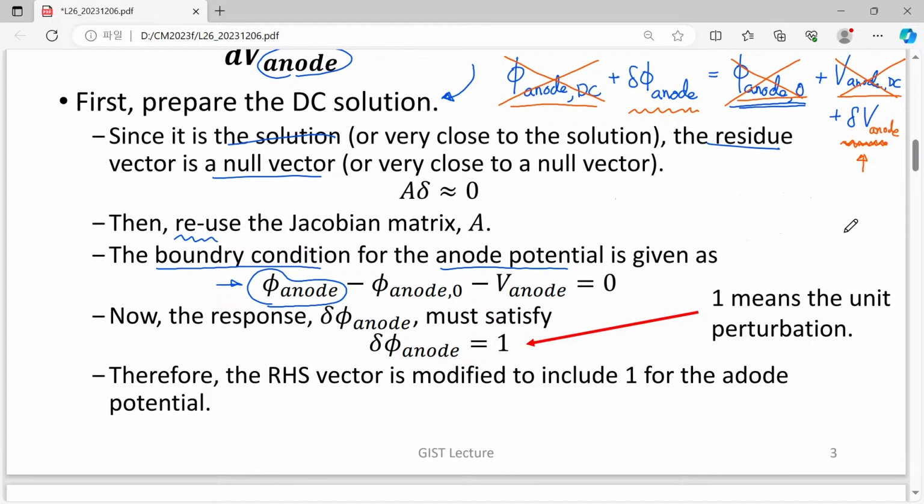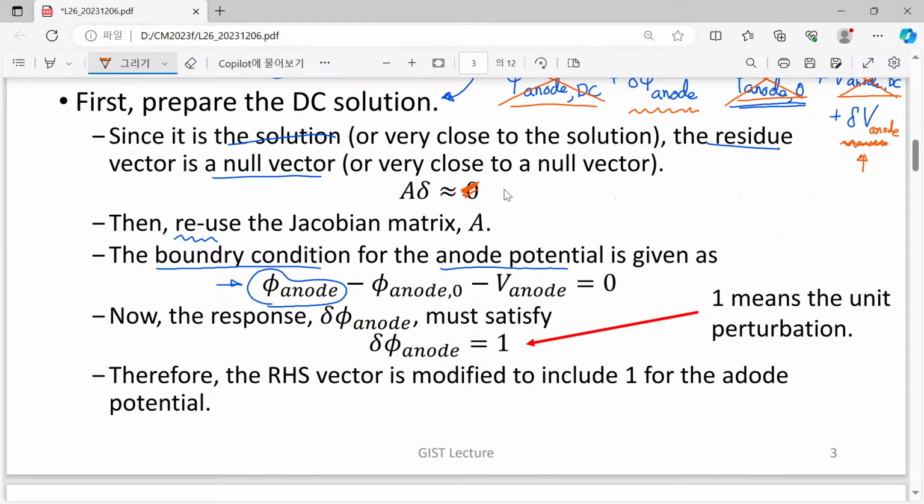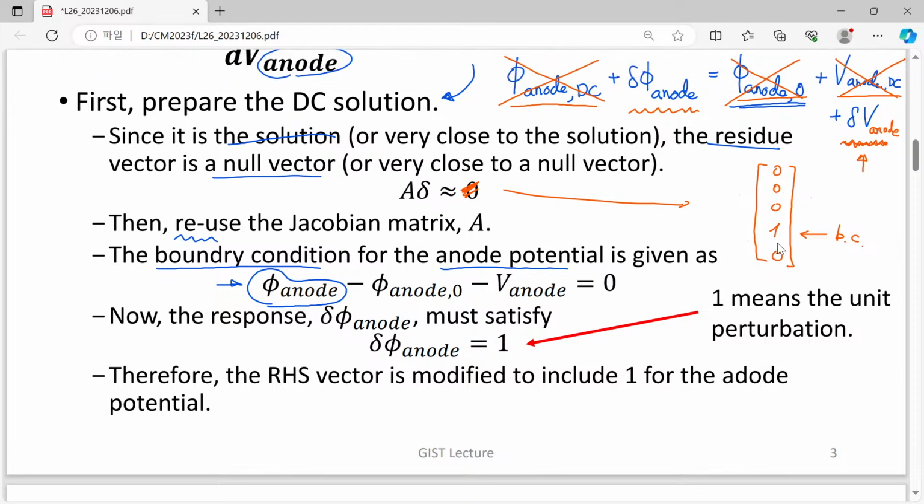However, now instead of that, we have a vector whose certain element is 1, and this row corresponds to the boundary condition for the anode potential. Elsewhere, we have all zero components in our right-hand side vector. Okay?